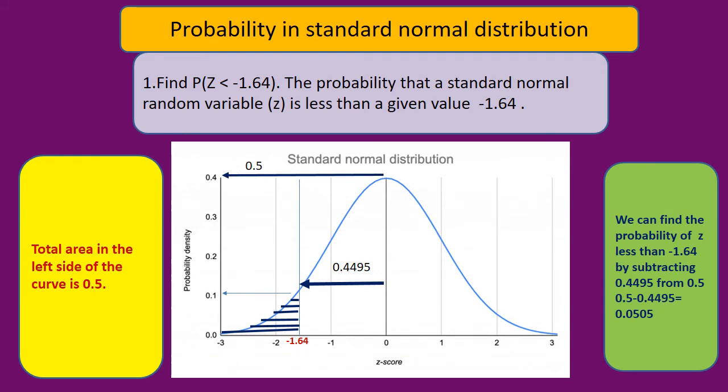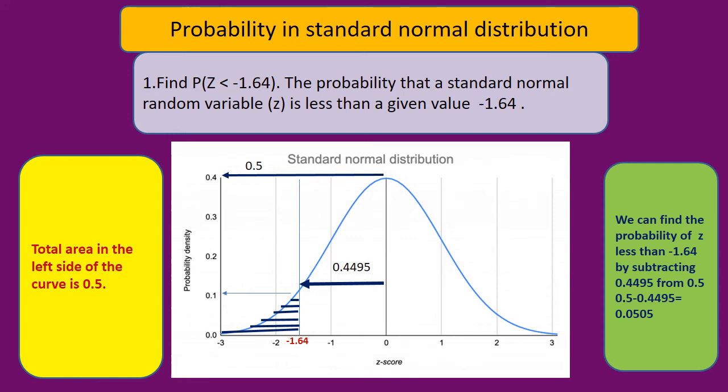Then we all know the total probability on the left side is 0.5. But we have to find the Z value lesser than minus 1.64. We know up to 1.64 the probability is 0.4495.